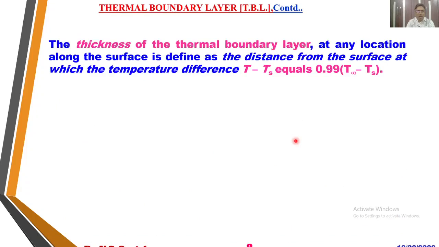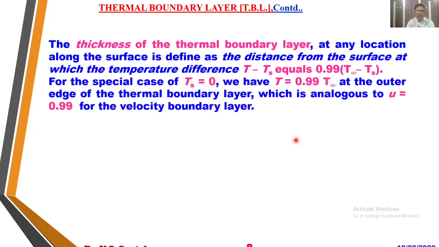So let us define the thickness of the thermal boundary layer. The thickness of the thermal boundary layer at any location along the flat plate surface is defined as the distance from the surface at which the temperature difference T minus Ts equals 0.99 of T infinity minus Ts.